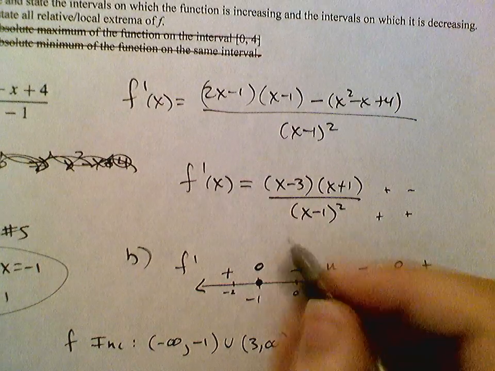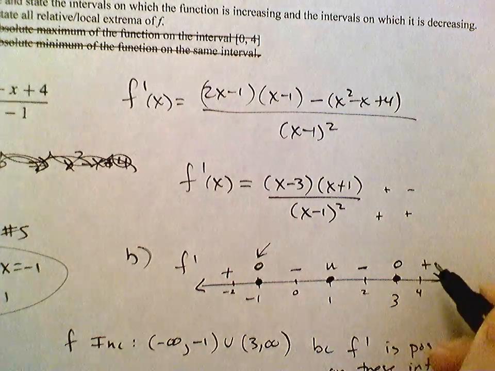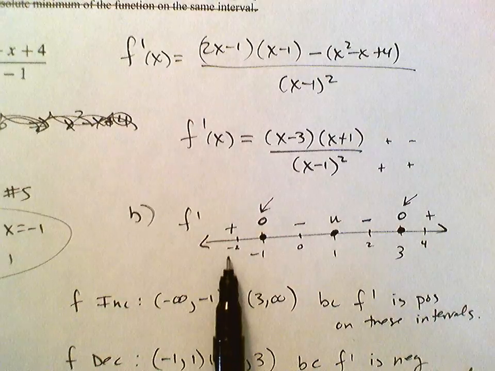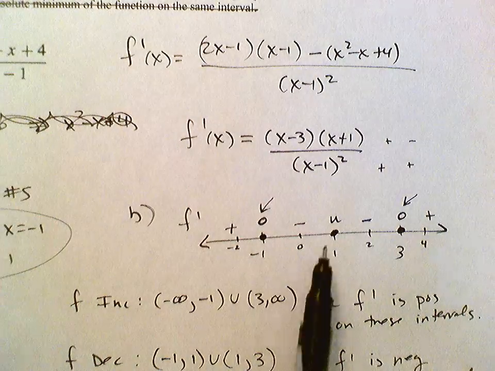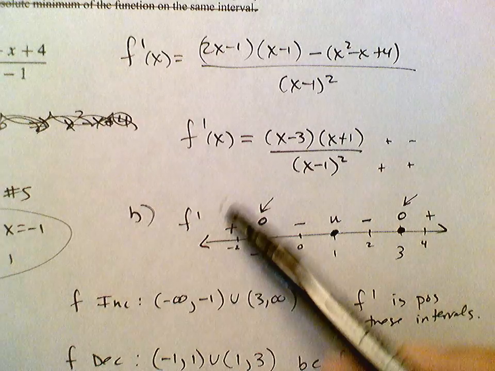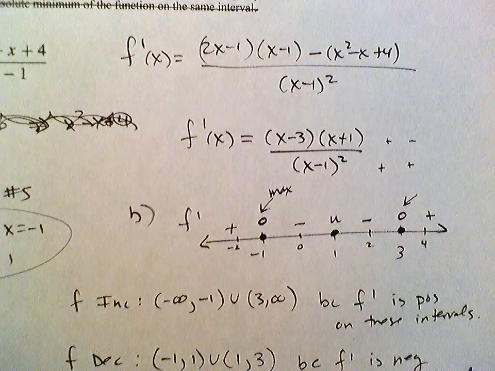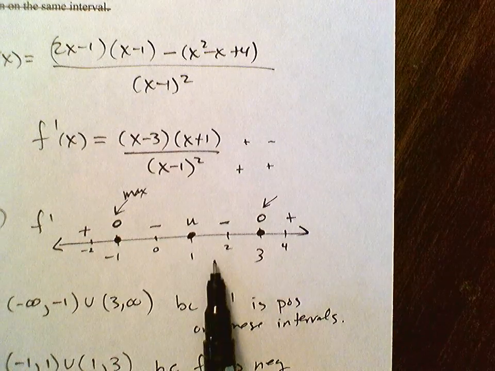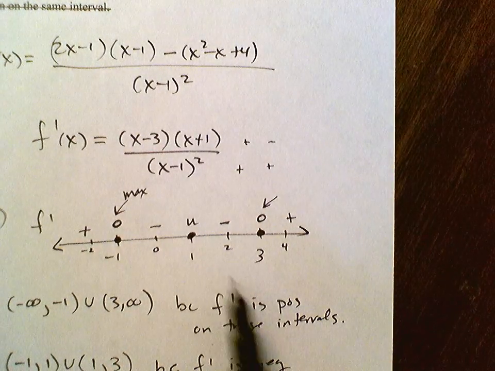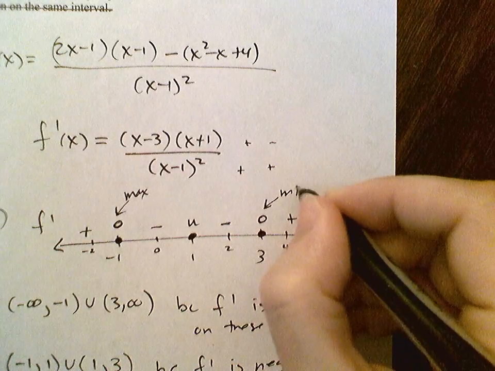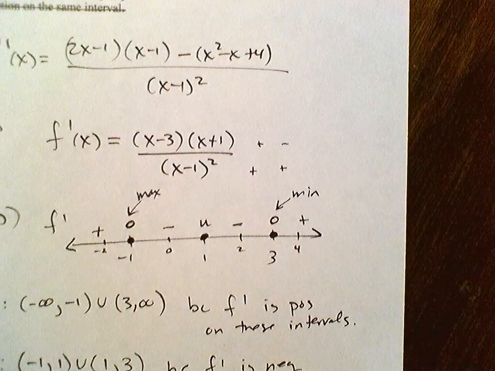So I've got a sign change here and then we've got another sign change there. This sign change goes from positive to negative, so this would be a max. This sign change, negative to positive, that would be a min, okay?